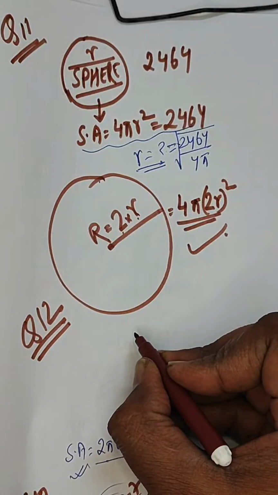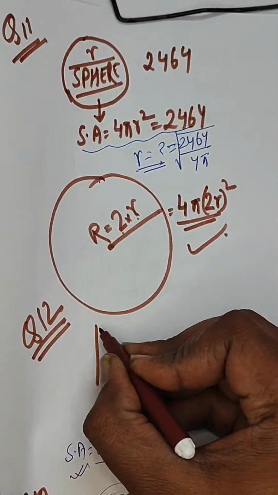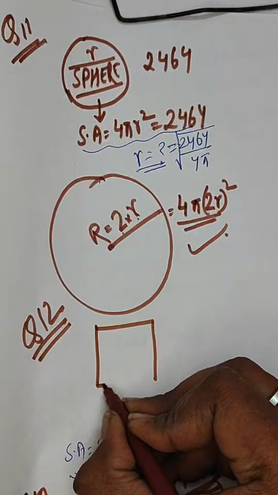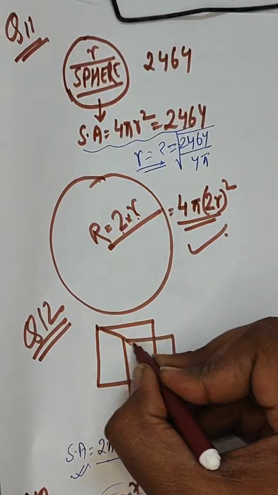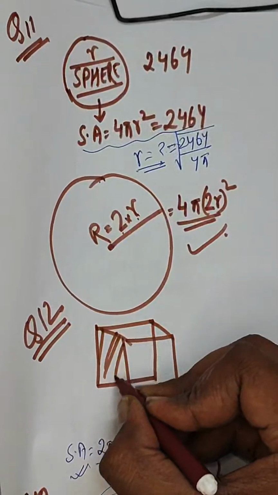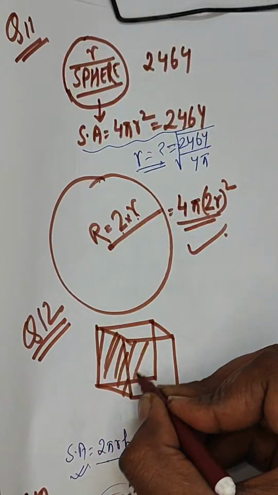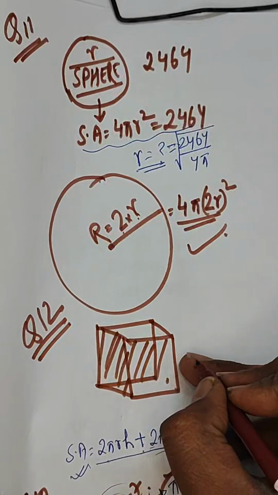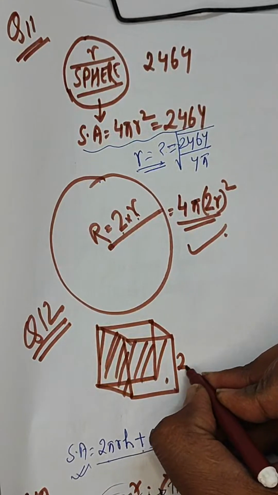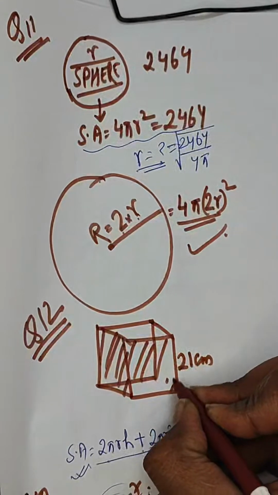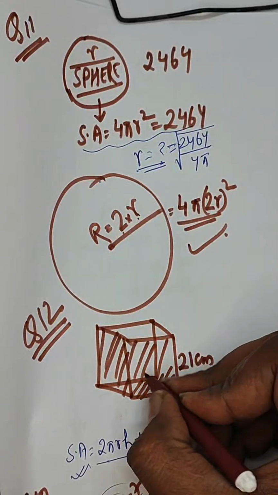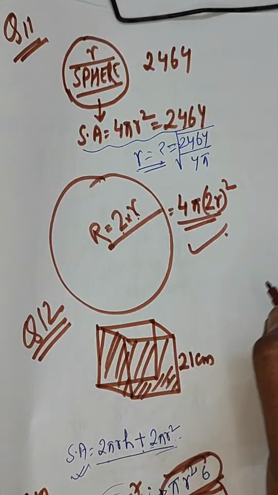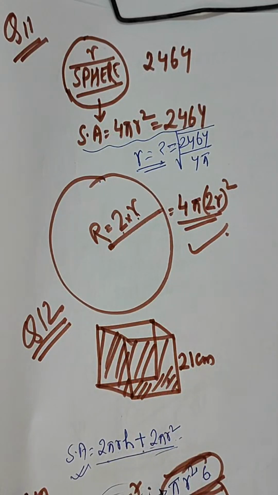From a cubical piece of wood, that means a cubical wood is given to you, right? So you know the shape of a cube anyway. This is a solid wood of side 21 centimeter. A hemisphere is carved out in such a way that the diameter of the hemisphere is equal to the side of the cubical piece.